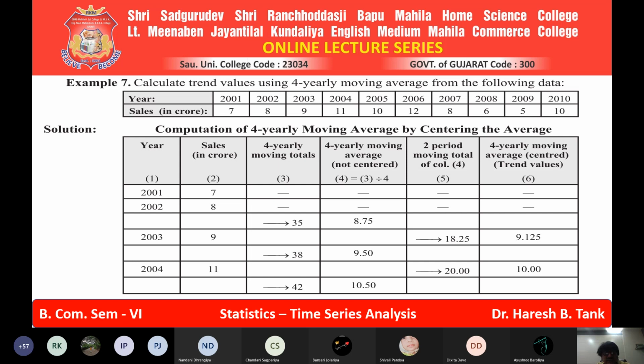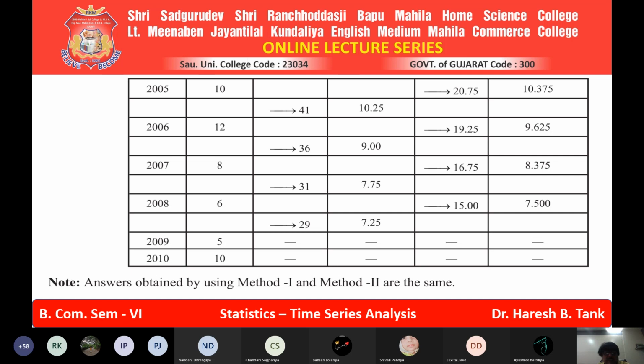Against 2001, write down 7. Against 2002, write down 8, 9, 11 and so on. 10 against 2005, 12 against 2006, 8 against 2007, 6 against 2008, 5 against 2009 and 10 against 2010.